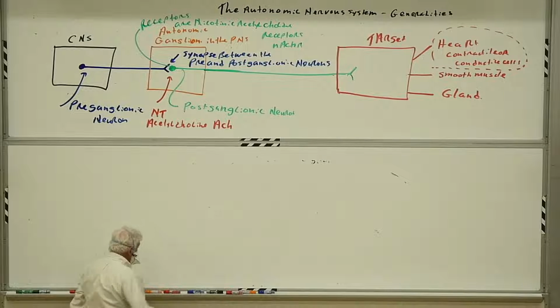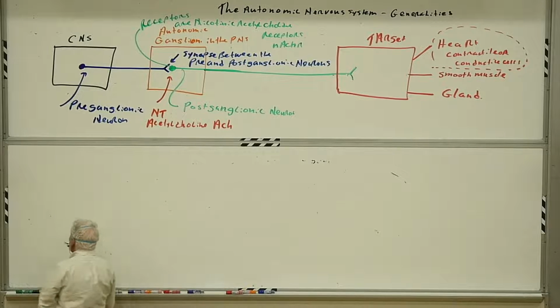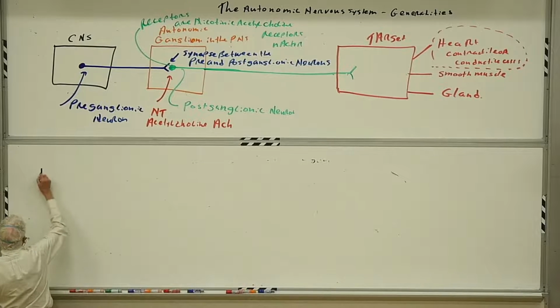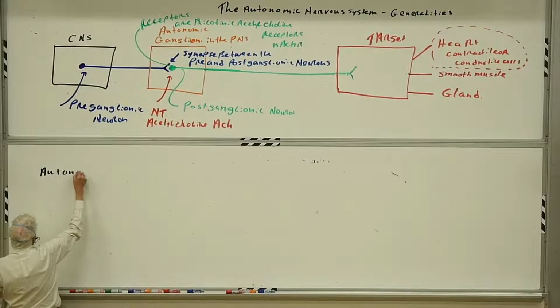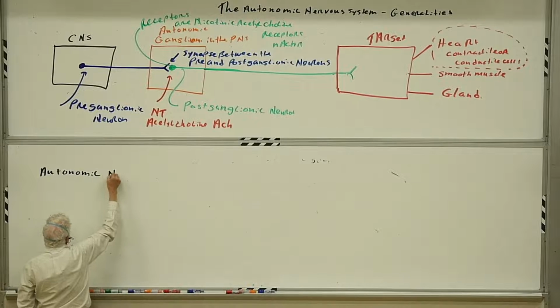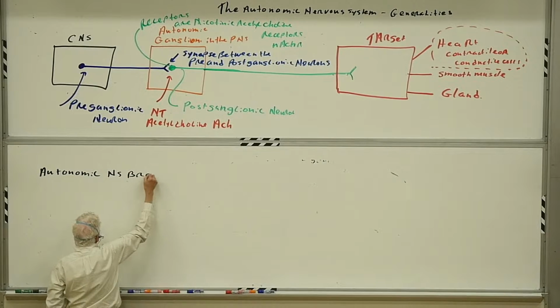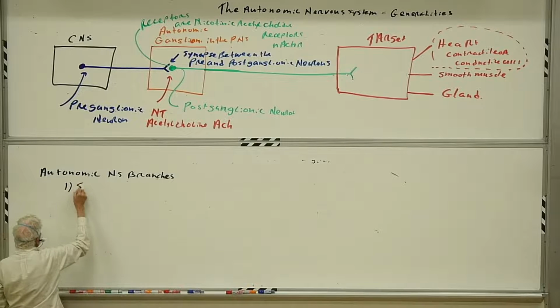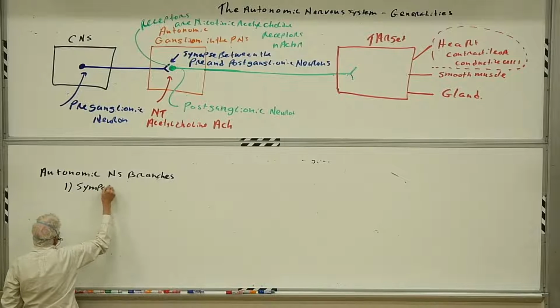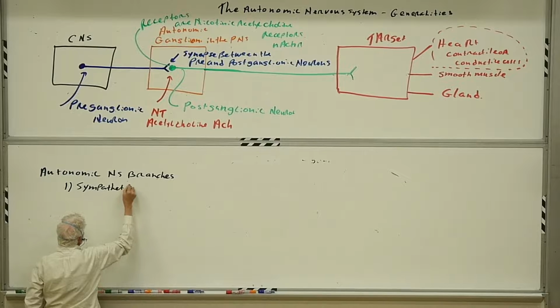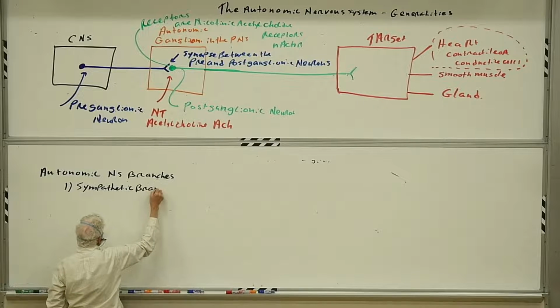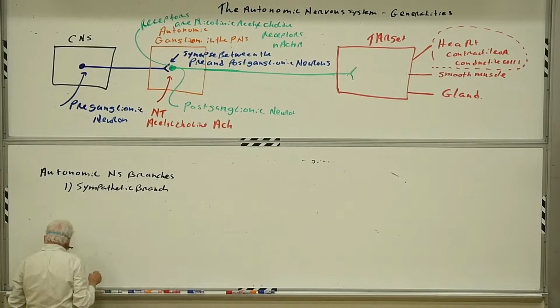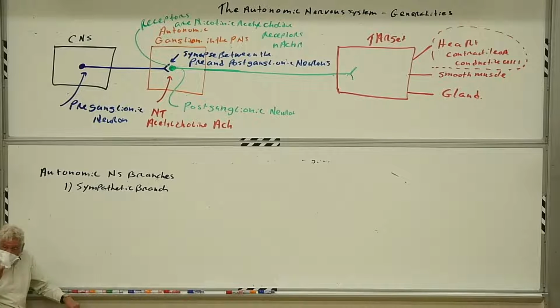So when we talk about the autonomic nervous system branches, we have first the sympathetic branch. We're going to see that for our purposes in the heart, we're going to make the heart run faster.